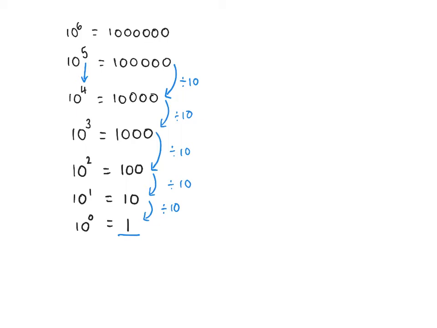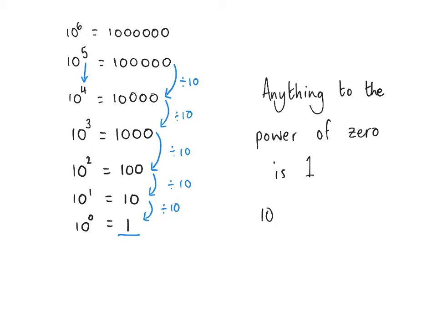Pause the video and write this down after I've written it. Anything to the power of 0 is 1. So 10 to the power of 0 is 1. 2 to the power of 0 is 1. 691 to the power of 0 is 1.